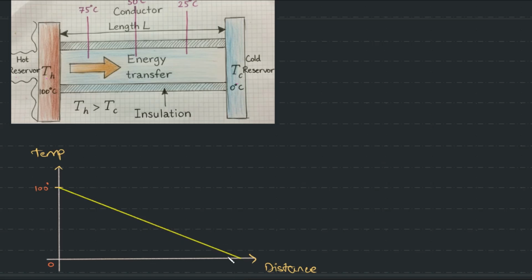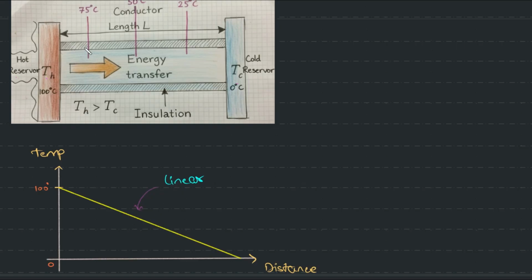From this point to this point, it would look so. What is the nature of this? It will be linear. This is a linear graph, is it not?